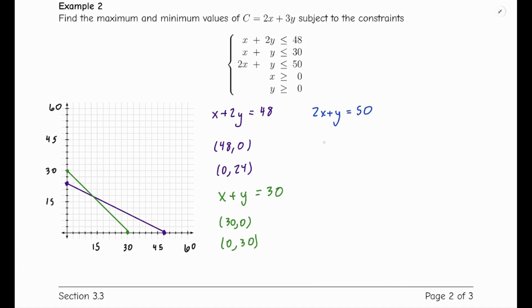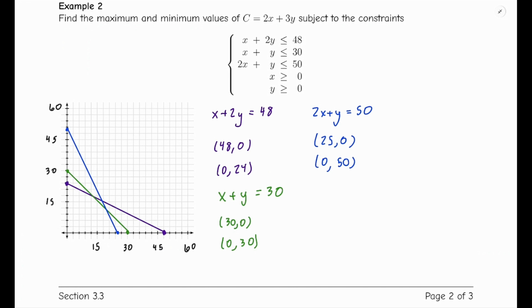If I cover up the y, I need to divide by 2, so x is 25. If I cover up the x, I just get y is 50. About right there. And then 25 is about right there. Completely missed it.